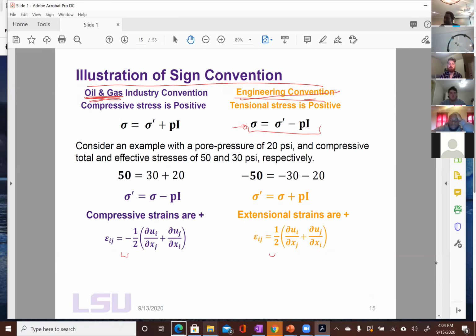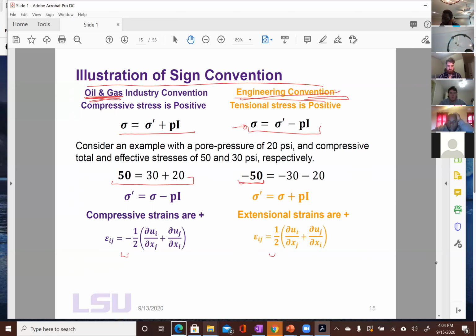Your Abaqus is designed using this sign convention. So when you start to do the labs, you will say, oh, looks like this is a little different. You want to put compressive stress, then you have to put minus in front of the number because you're using Abaqus. Whereas in the oil and gas convention, you just use positives for compressive stress.